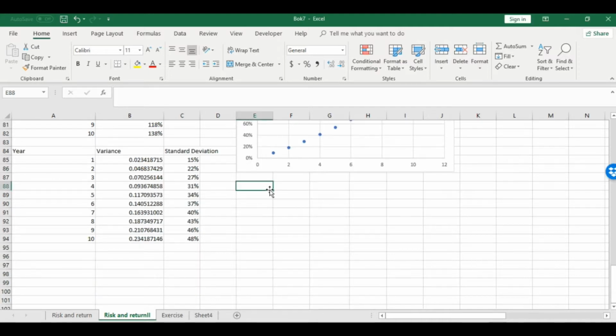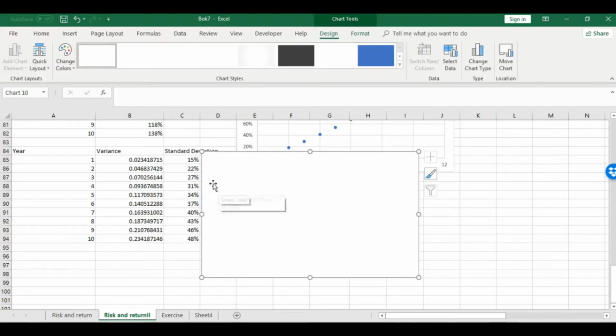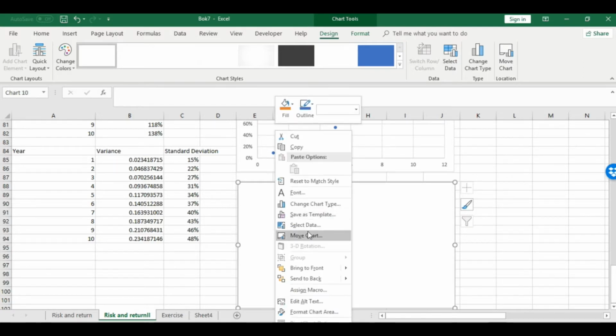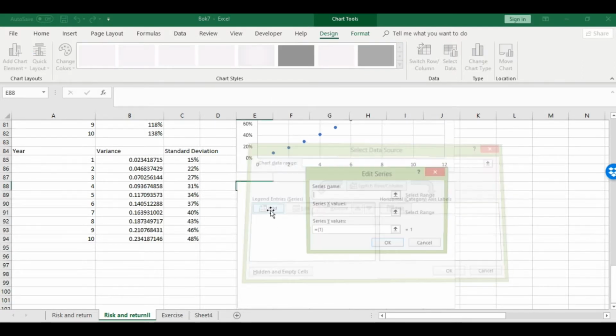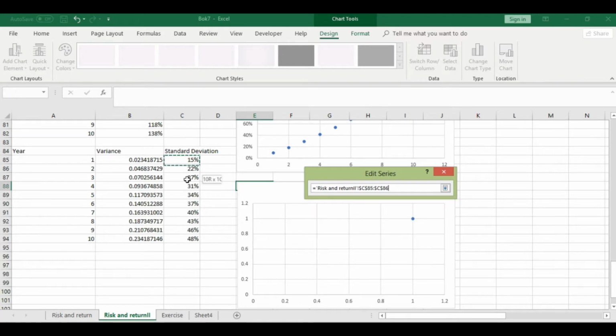So we just put the data into a graph, insert, scatter, select data, add, X value is the year, Y values the standard deviation.